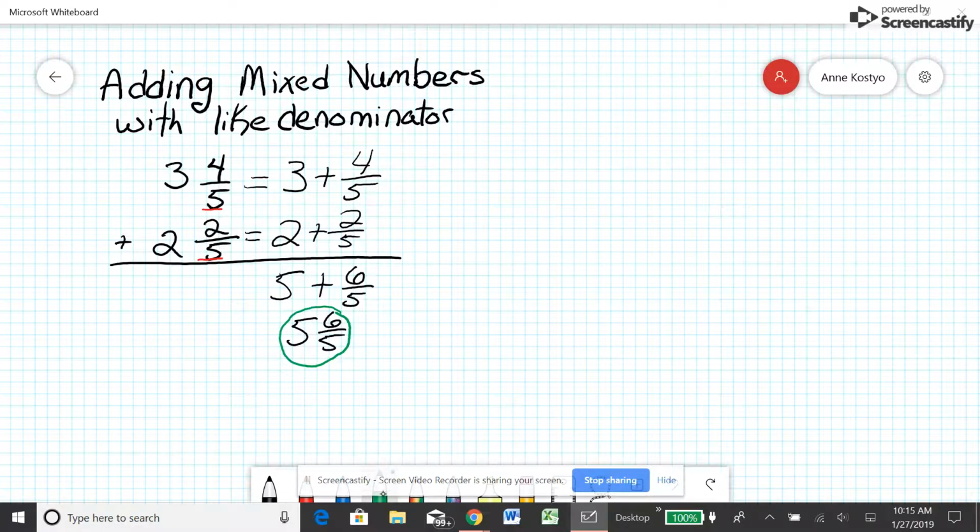One of the easier ways to reduce would be to take the whole number portion and add it to our fraction portion. Well, we have 6/5.